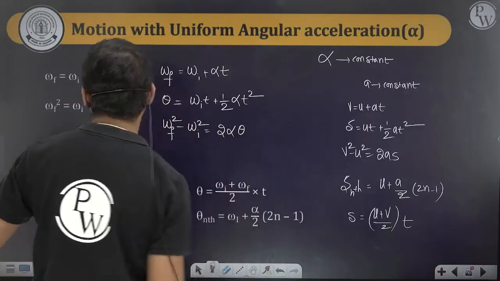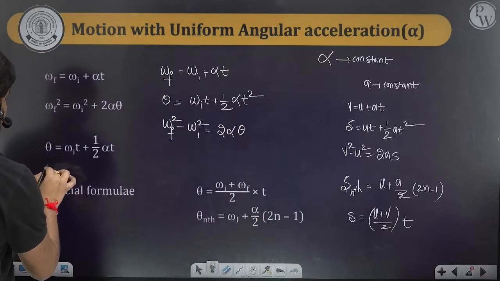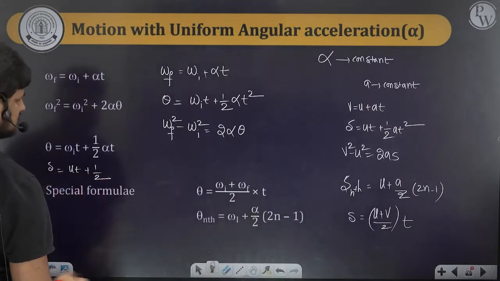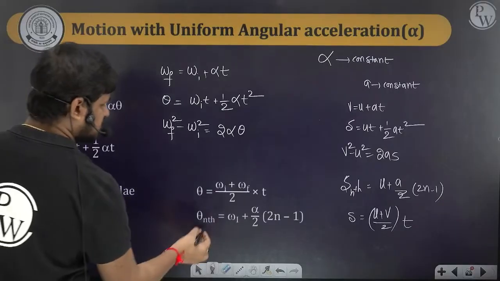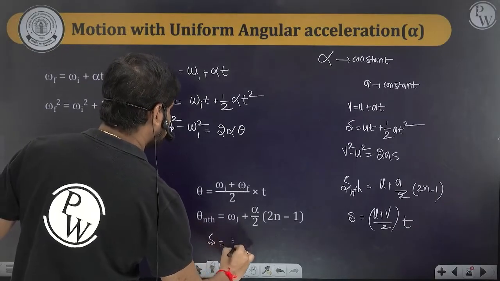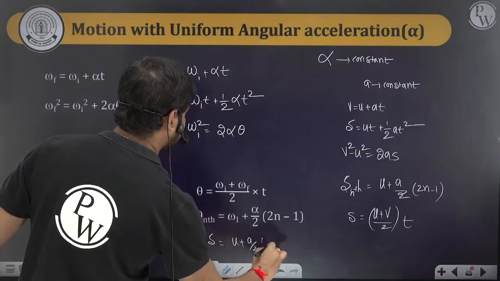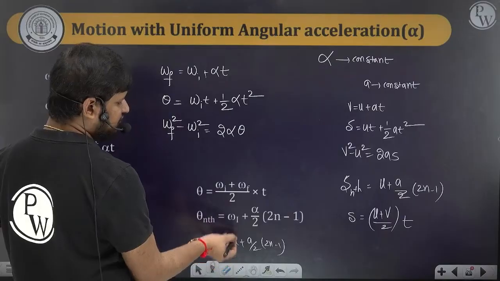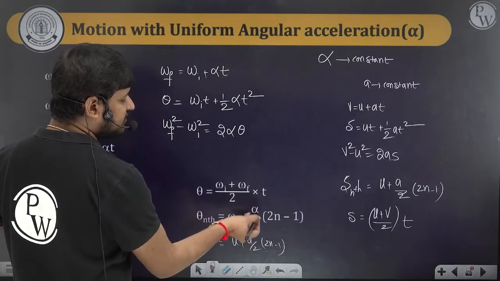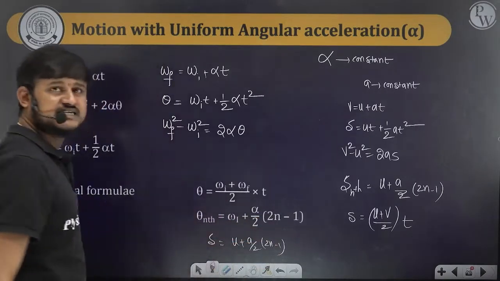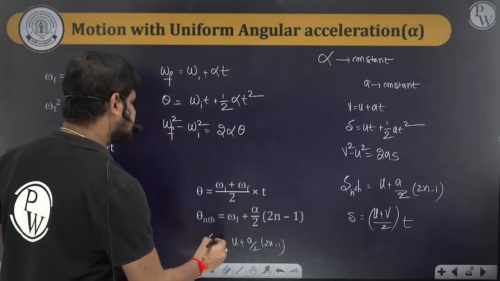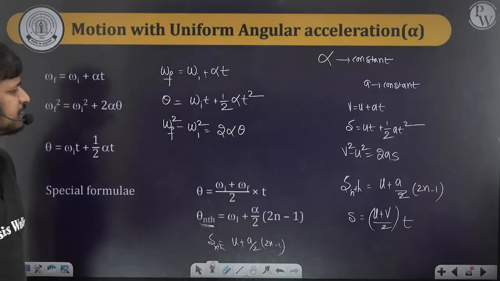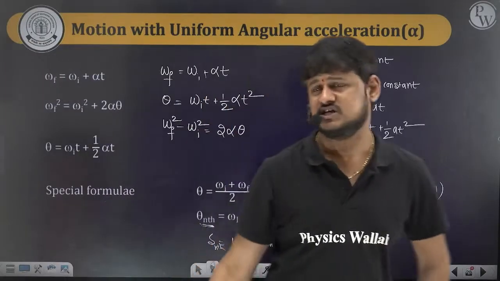And then you can also write the distance covered in the nth second: s is equal to u plus a by 2 into (2n minus 1), so in place of u we get omega i, and a becomes alpha. Actually, this is the angular displacement in the nth second. Done. Clear guys? These are the formulas which you already know.